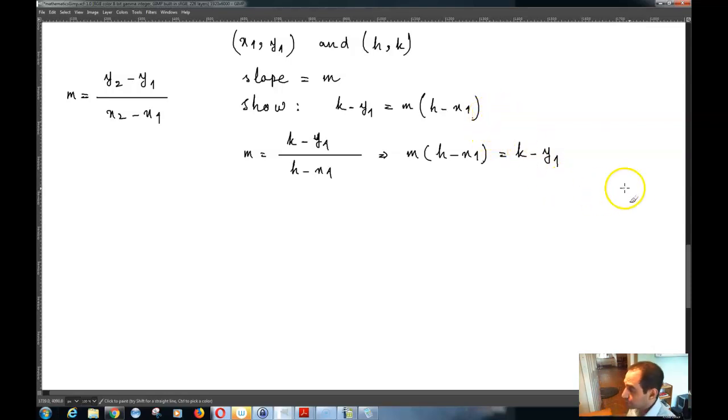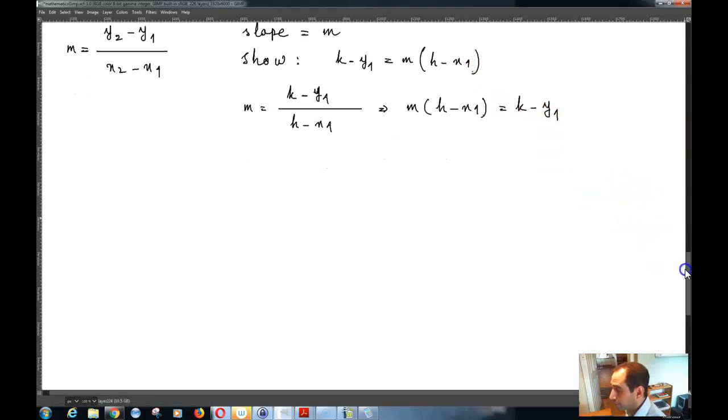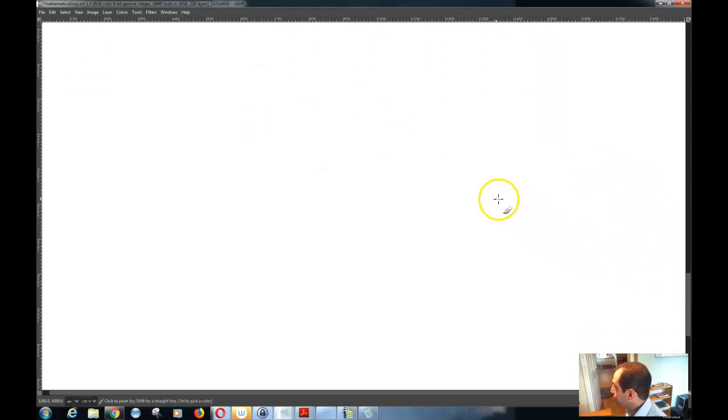Now the next question that we have is, if 3 points h comma 0, a comma b, 0 comma k lie on a line, show that a divided by h plus b divided by k is equal to 1. That is again one of the forms of the equation of a line.